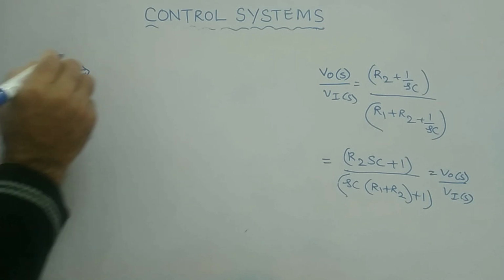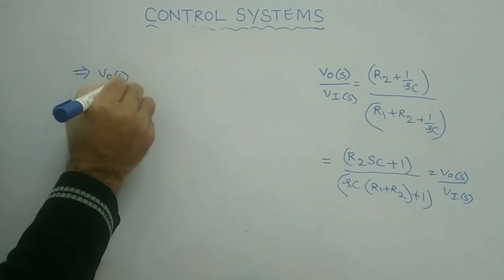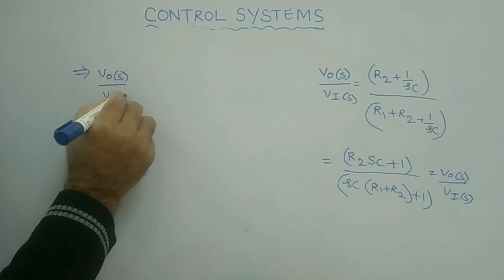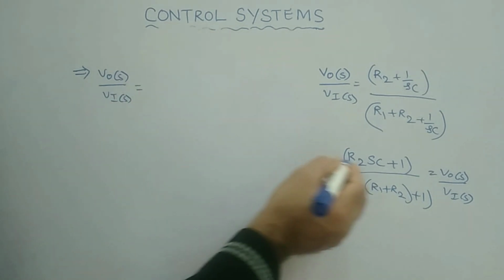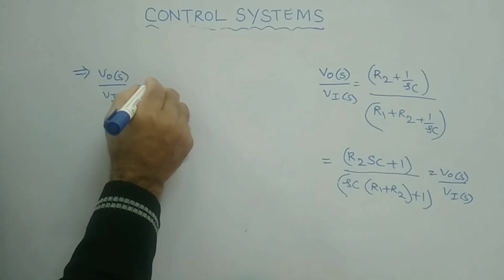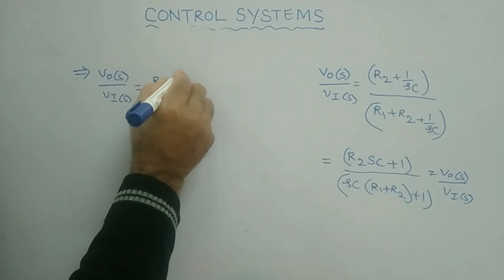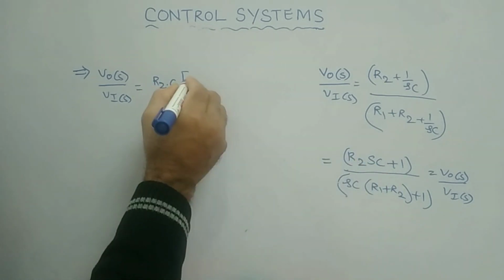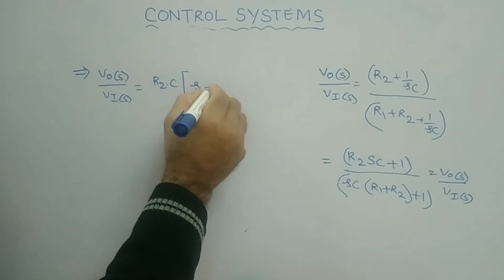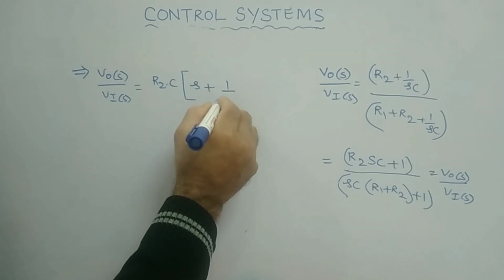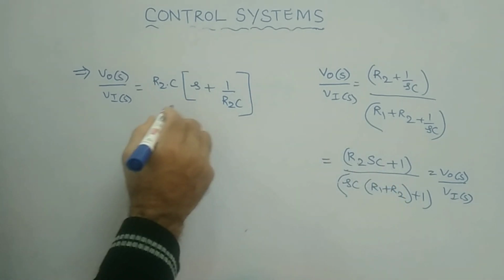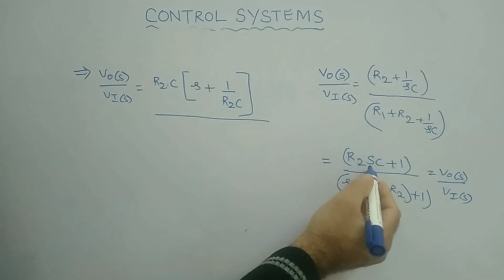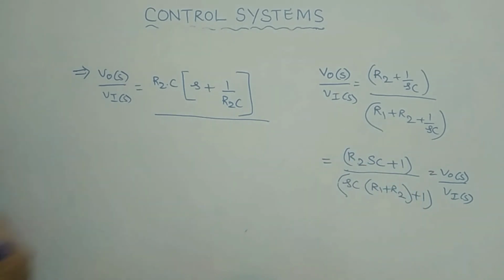V naught of s by Vi of s is equal to, you can take C into R2 or R2 into C, nothing wrong in that. If you take R2 into C common in the numerator part, then S will be there, S plus 1 by R2 into C. Similarly, what will you take common?